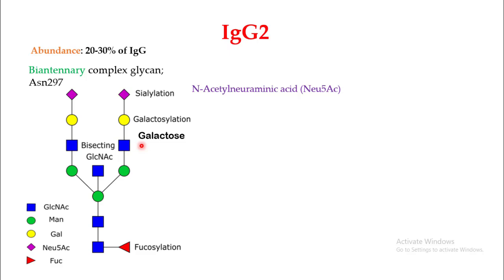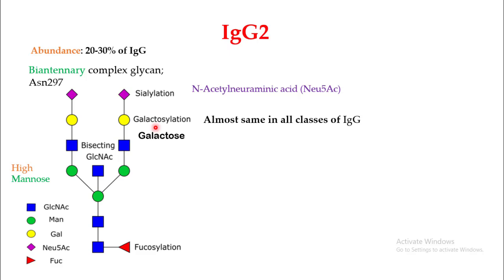The galactose has been represented by these yellow balls over here, and the attachment of the galactose to any particular molecule is known as galactosylation. And this galactosylation, or the attachment of the galactose, is almost the same in all of the subclasses of the immunoglobulin G.